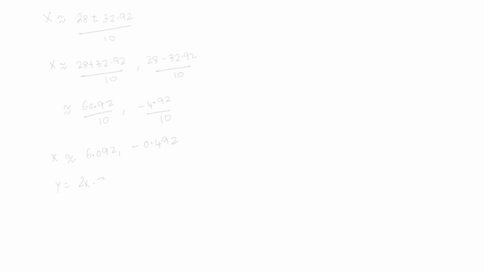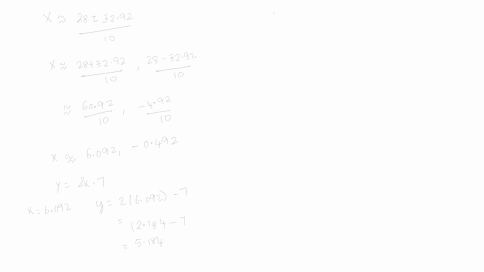So when x is 6.092, y is 2 times 6.092 minus 7, which is 12.184 minus 7, which should be 5.184.